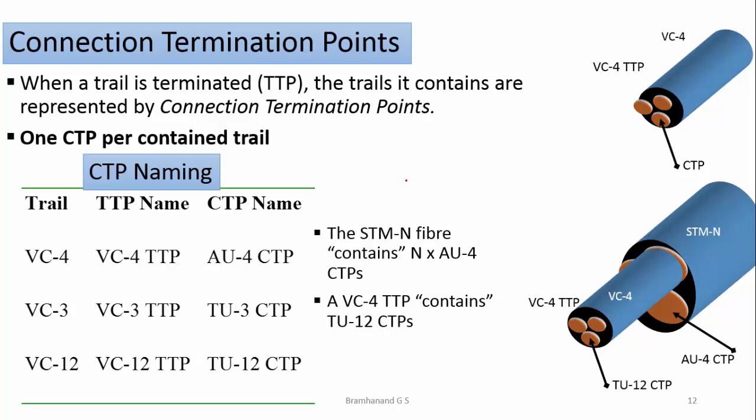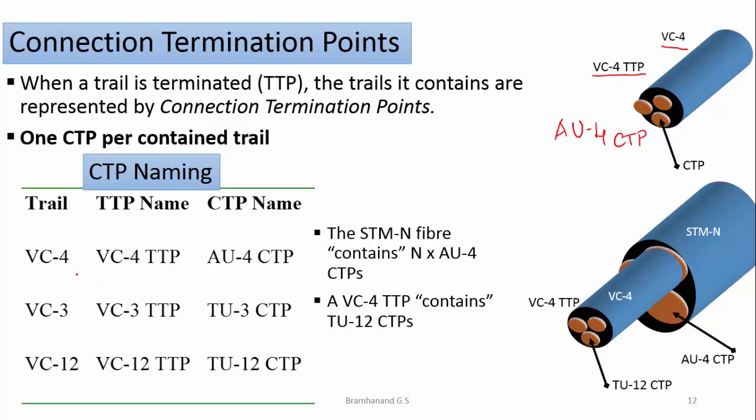Connection termination points. When a trail is terminated, the trails it contains are represented by connection termination points. Say for example, I have a VC4 trail, and the VC4 trail termination point can have 3 connection termination points. These are called AU4 CTPs.